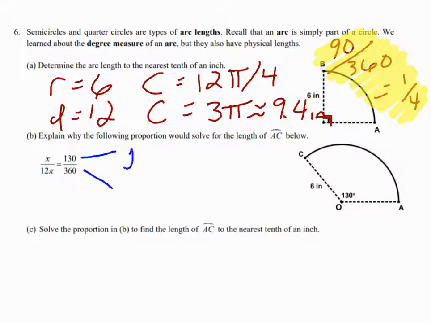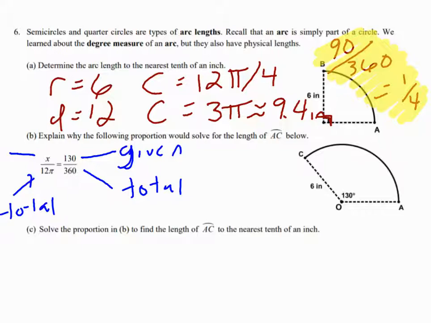So given, and then this is the total. This is what we want to find, and 12 pi would have been the total. So I don't know how you'd want to put that into words, but it's a comparison. It's comparing what you want to find or what's given to you compared to the total circle.